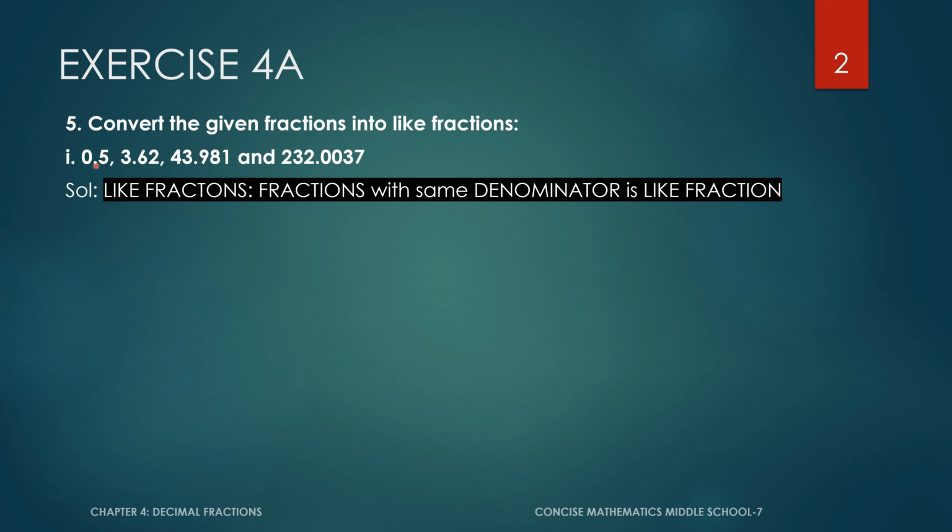Because I have already told you, for fill in the blanks and everything, you can't do the long method, that is multiplying with 10 on the numerator as well as the denominator. I have taught that in 4a part 1, explaining how to remove the point and place the numbers in the denominator. If you have missed it, check out the description. I have given a link over there, 4a part 1, right?